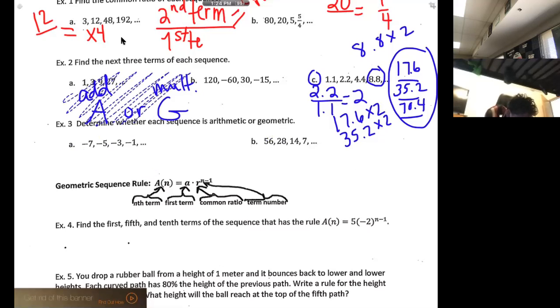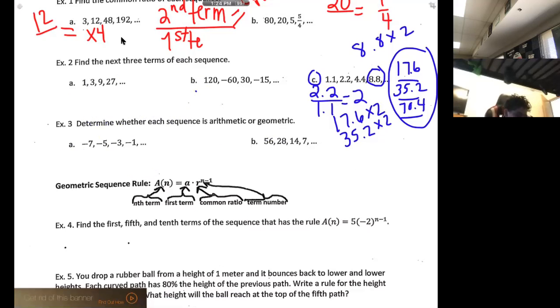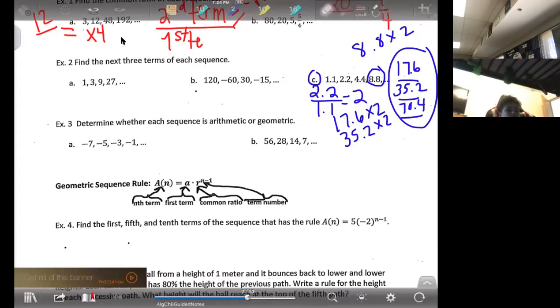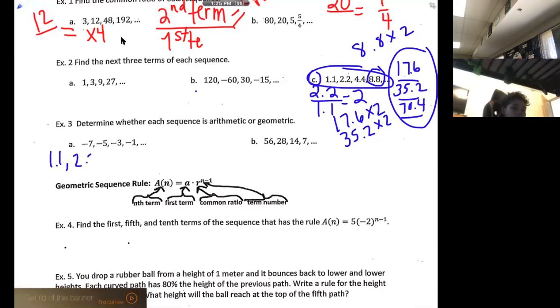So let's just pull back to this one right here. Remember this one? We had 1.1, 2.2, 4.4, 8.8.